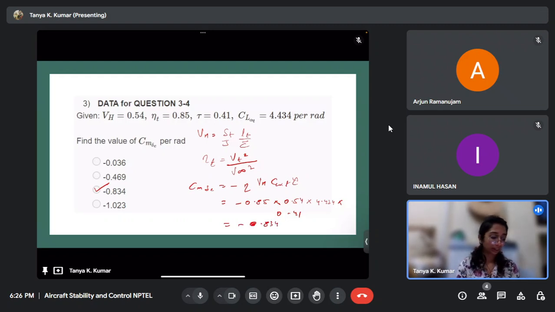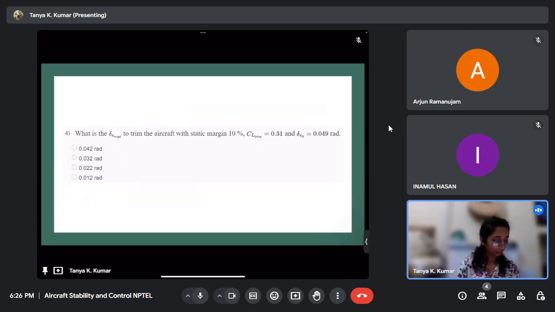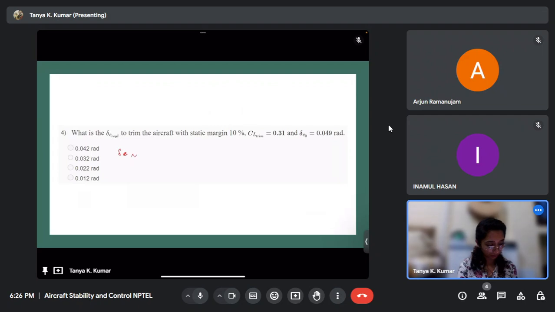What is the delta E required to trim the aircraft with static margin 10% given that the CL trim, at what CL we want to trim the aircraft, is 0.31 and delta E naught is 0.049 radian. So again direct substitute the formula. So delta E required is delta E naught minus dCm by dCl upon Cm delta E into CL trim.